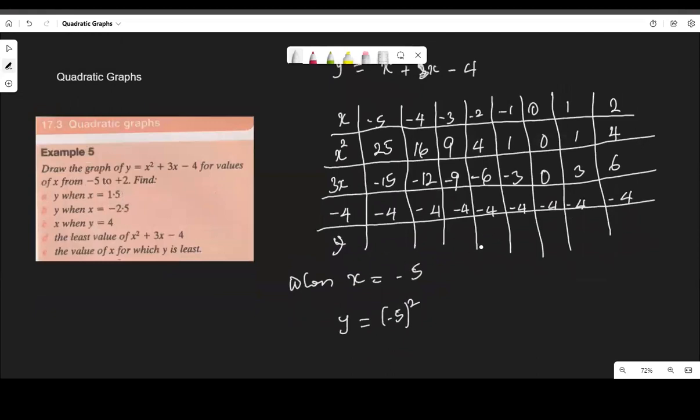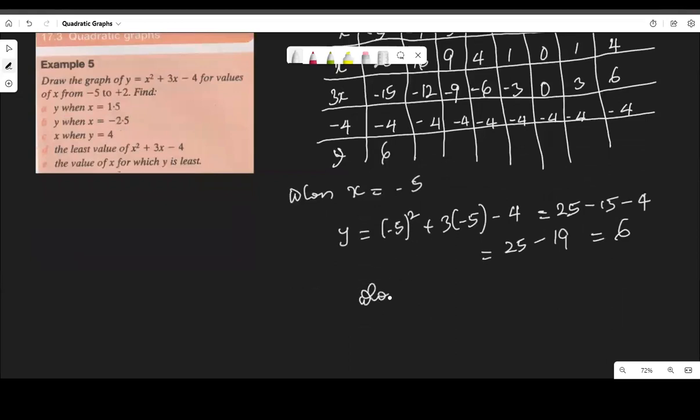Let me write the equation here so I have easy access. y will be -5 squared plus 3 times -5 minus 4. -5 squared is 25. Then plus times minus is minus. 3 times 5 is 15, minus 4 gives minus 19. And 25 minus 19 is 6.